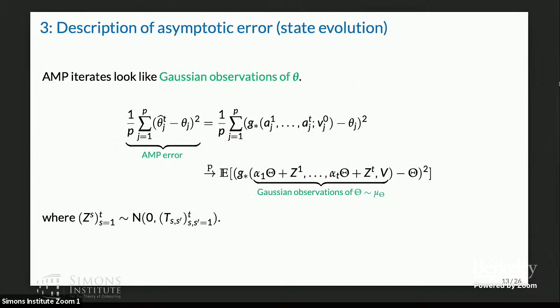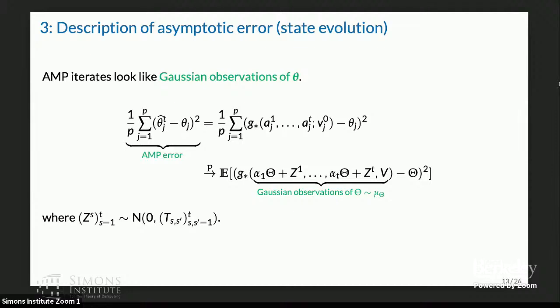Okay, and this is state evolution, which I think several of you are familiar with. The state evolution tells us that the iterates of the AMP algorithm look like Gaussian observations of the unknown parameter theta. Applied to studying the L2 estimation error, that statement tells us the following, that the AMP error, which I've written here, and I've expanded here, looks like this object asymptotically. So now I replace the sort of AMP iterates with some Gaussian observation of an unknown scalar quantity.